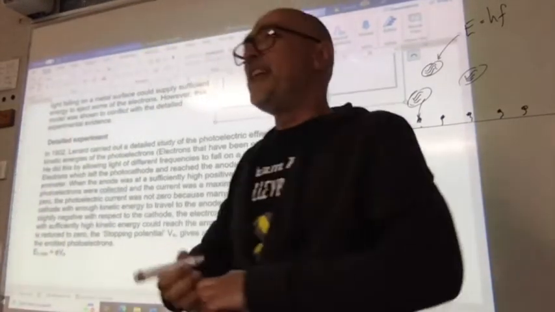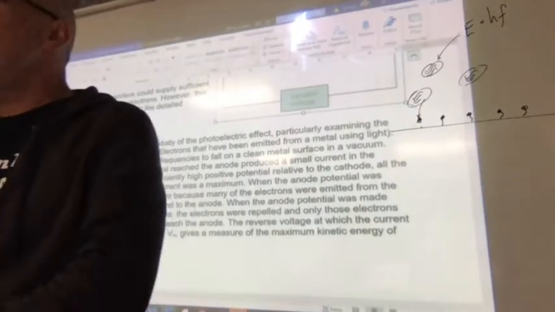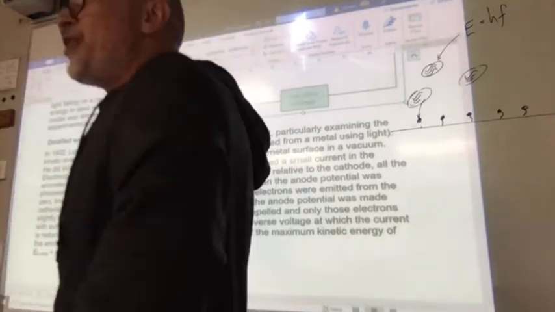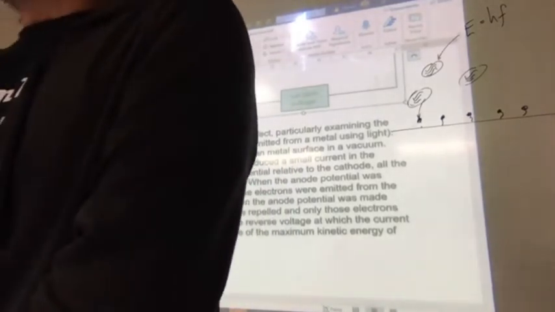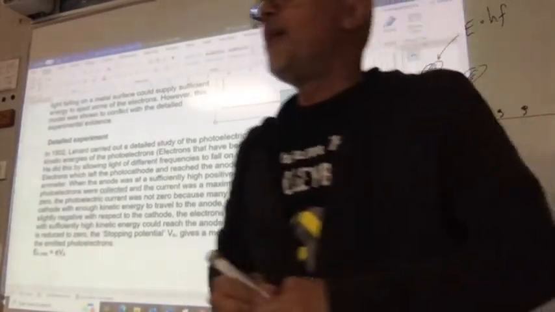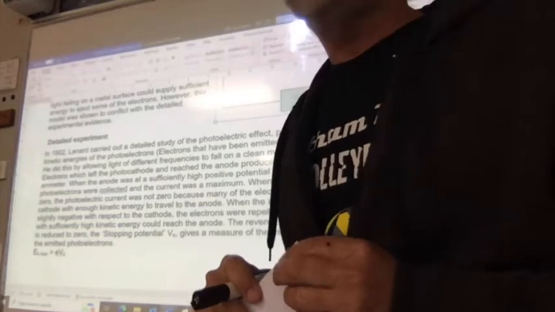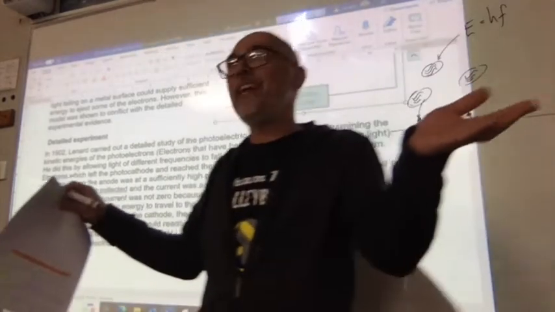Let's say the electron is being held by 10 joules, or it takes 10 joules of energy to break the bond, but you hit the electron with a photon of 20 joules. I'm just making this up, there's no such thing, right? Let's say I hit the electron with a photon of 20 joules. How much kinetic energy would the electron have after I broke it free? Yes, that's exactly how it works.